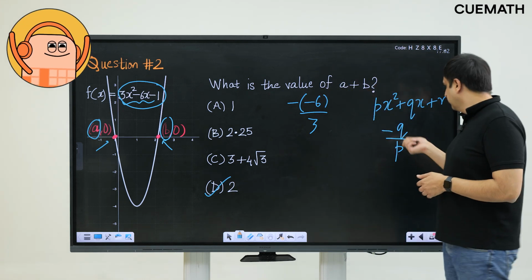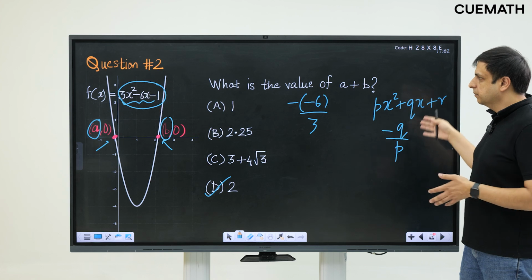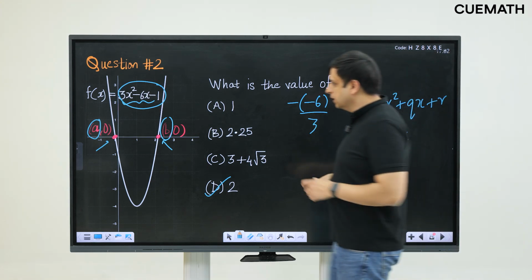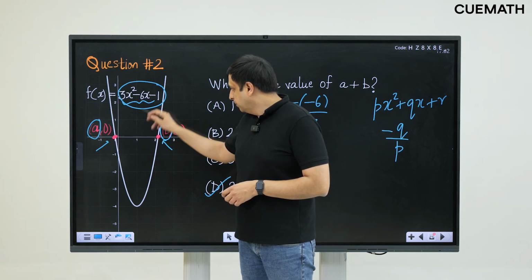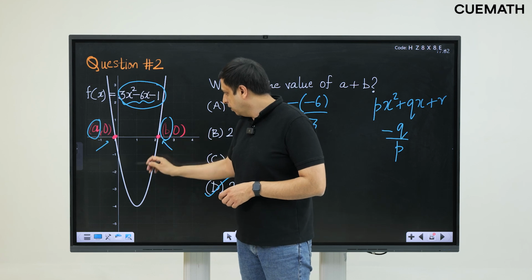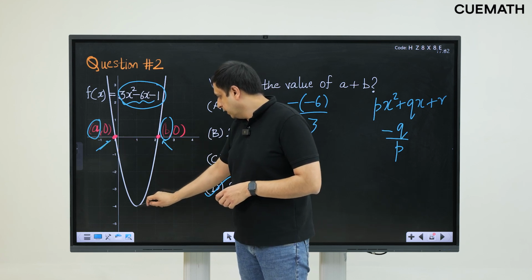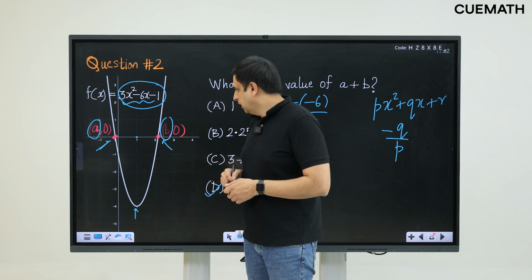Now if you don't happen to remember this relationship of the sum of the zeros with the coefficients, you can also observe from the graph that the midpoint of the two roots should correspond to the x coordinate of the vertex of the parabola, which you can see from here is 1.